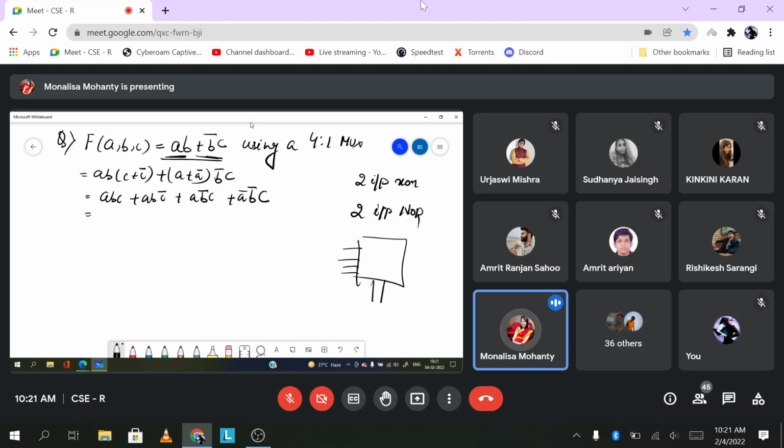So this is what mean term 7, then 110 is 6, 101 is 5, 001 is 1. So we can write it is summation of the mean terms 1, 5, 6, 7.